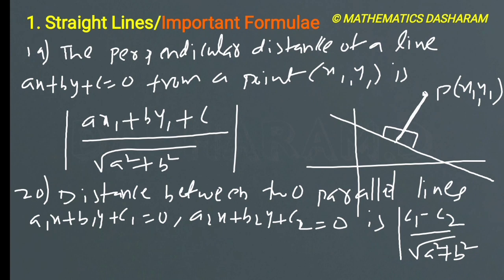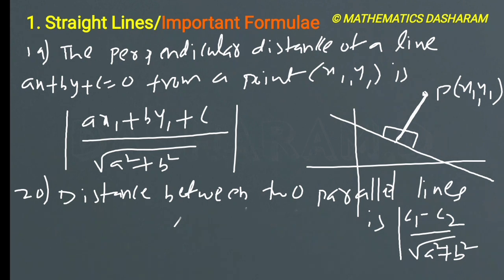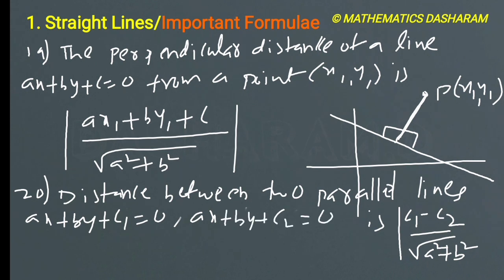Here, parallel lines means the coefficients must be the same and the constant numbers will be different. So ax plus by plus c1 equals 0 is one line, and ax plus by plus c2 equals 0 is the other line. Then the distance between these two parallel lines is mod c1 minus c2 divided by under root a square plus b square.